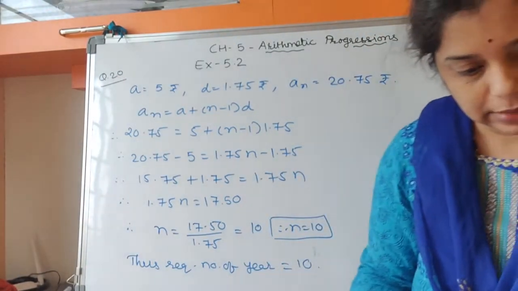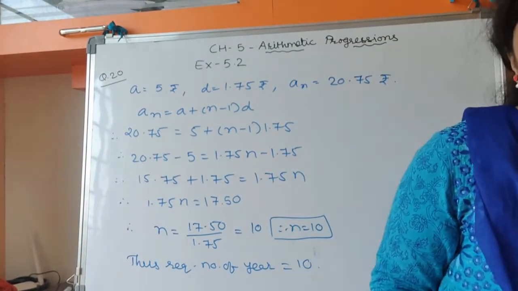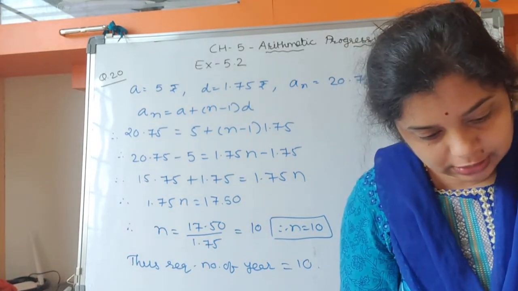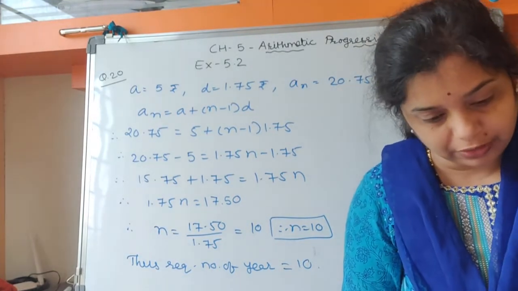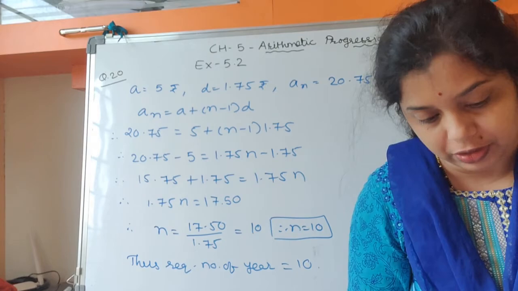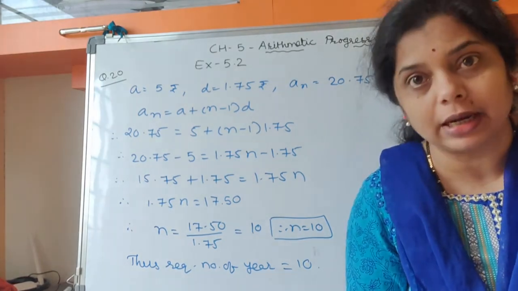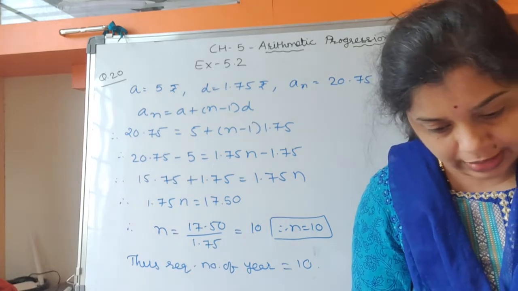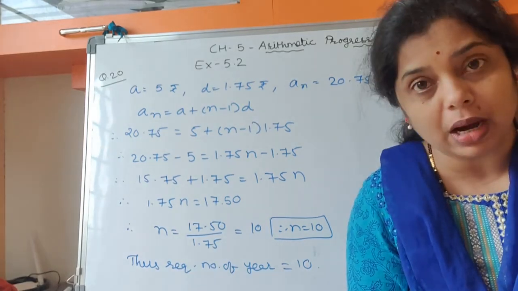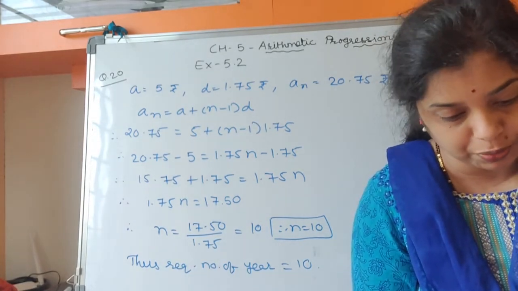Now the last question of exercise 5.2. Here it is given that Ramkali saved 5 rupees in the first week of a year. She saved 5 rupees at the end of the 1st week and increased her weekly saving by 1.75 rupees.